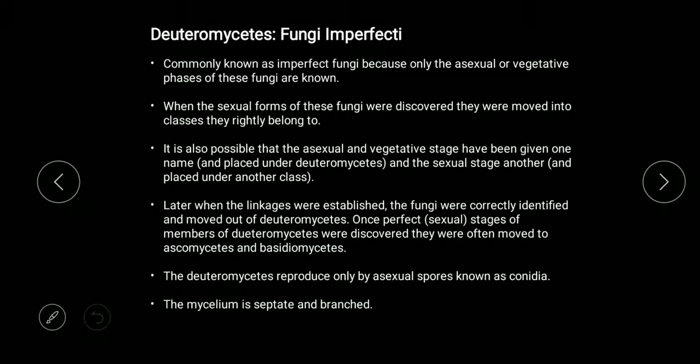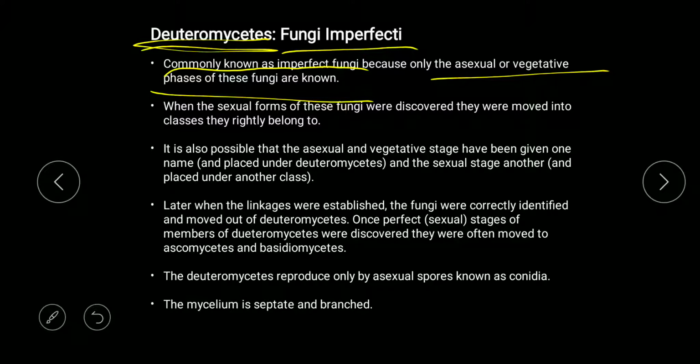So now we will study the last class of fungi, the Deuteromycetes, which is known as Fungi Imperfecti. Why is it known as Fungi Imperfecti? Because it is imperfect: its asexual stages are known, sexual stages are not known. Commonly known as imperfect fungi, only asexual or vegetative phases are known. When the sexual forms of these fungi are discovered, they are moved out of the class, and they rightly belong elsewhere.